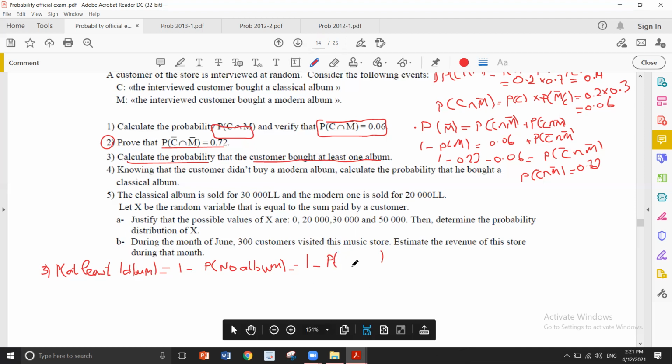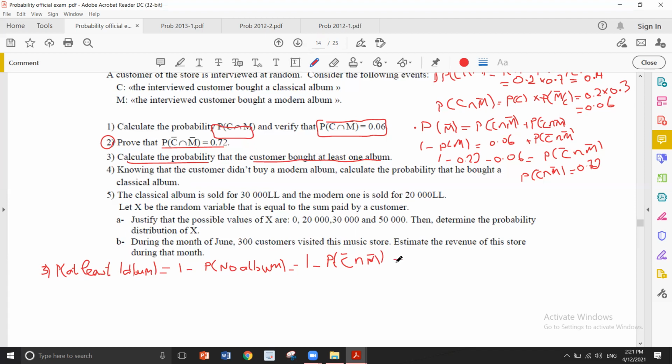Union or intersection? It is C bar intersection M bar, meaning he didn't buy classical and not modern. Equals 1 minus 0.72, equals 0.28.